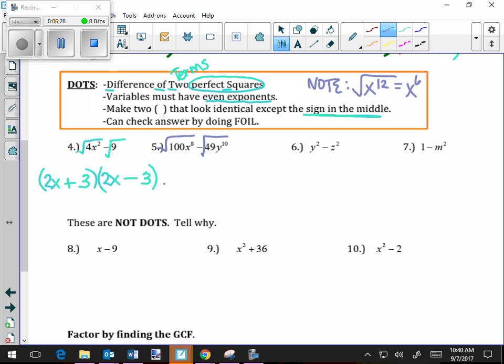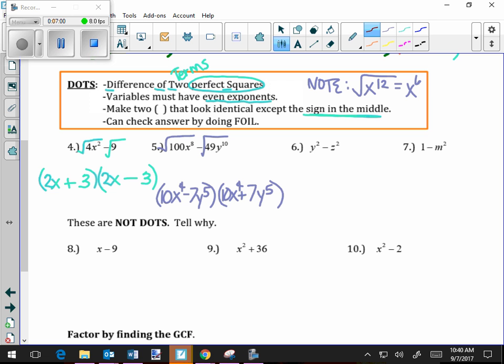So for this particular question, the square root of 100x to the 8th will be 10, the square root of 100, x to the 4th. So both of my parentheses start with that. Square root of 49 is 7, opposite signs. And then the square root of y to the 10th is y to the 5th. And again, the exponent is 10, and you cut it in half.